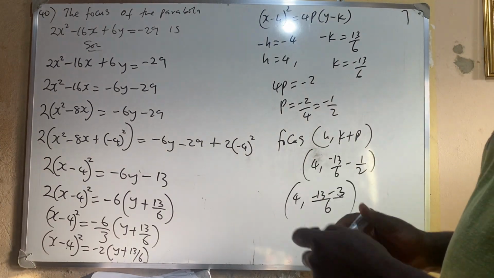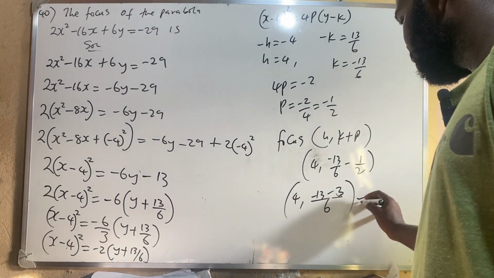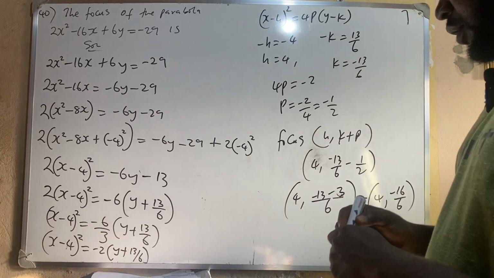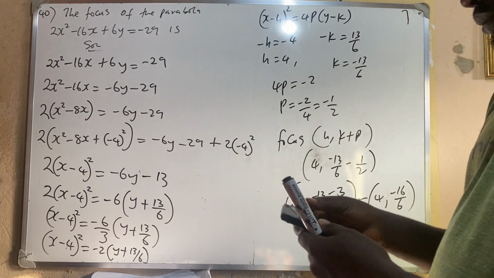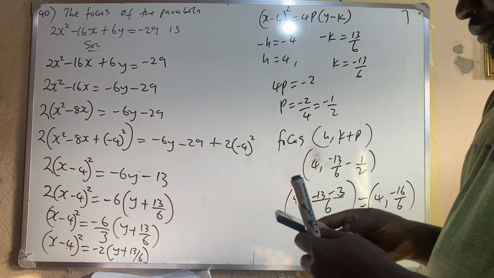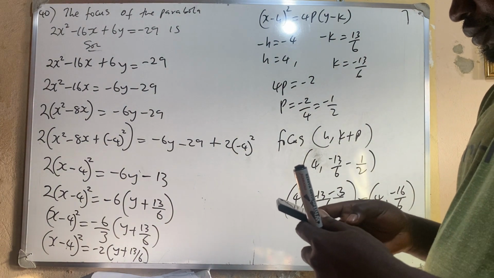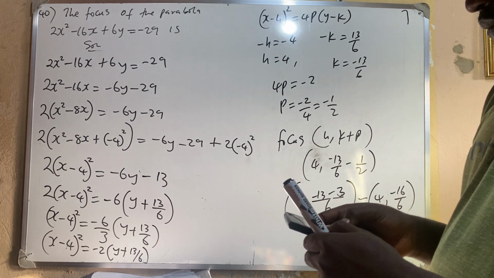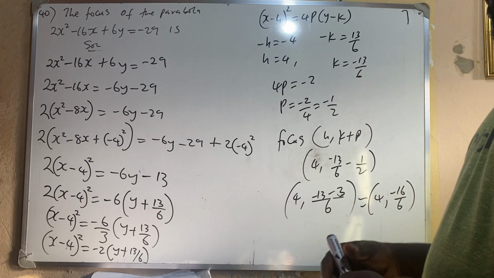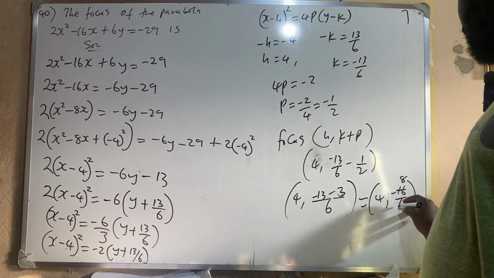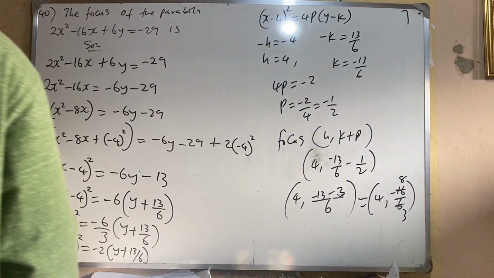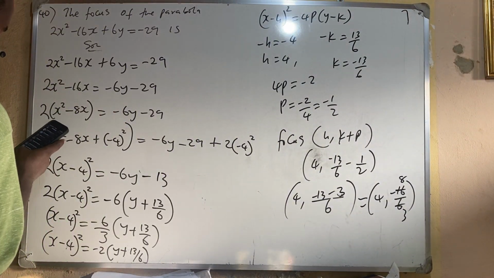So I'm having minus 16, which is 4 in bracket of minus 16 over 6. So 2 here 8, 2 here 3. So this is my own answer. So you can check your own to see if it corresponds.